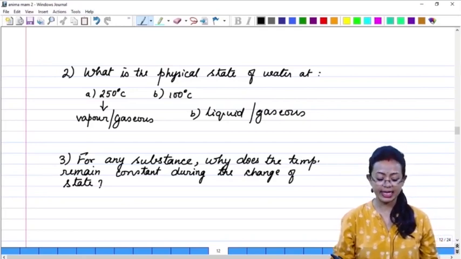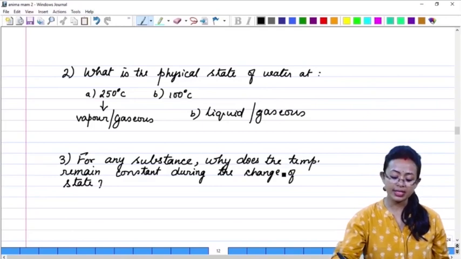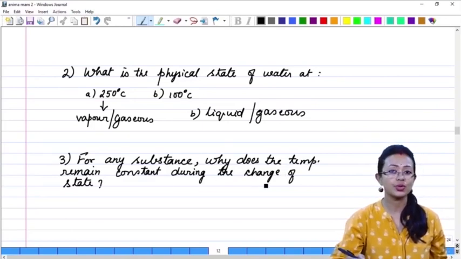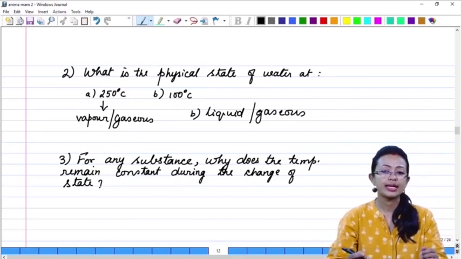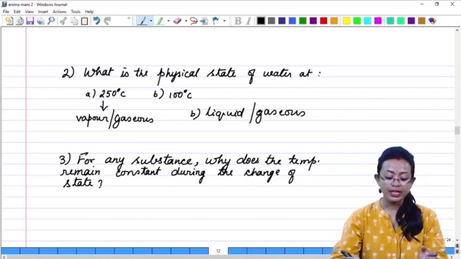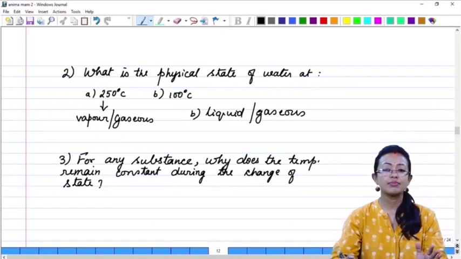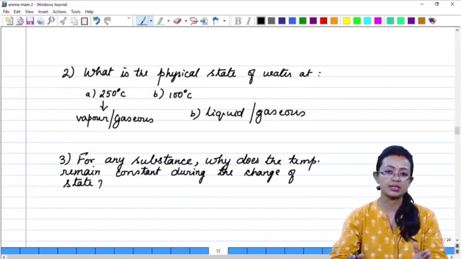Let's do the next one. For any substance, why does the temperature remain constant during the change of state? Why do you think so? I had already explained this. The temperature remains constant during the change of state because the energy that we give to the system is used up in breaking the intermolecular forces of attraction that exist between the particles.